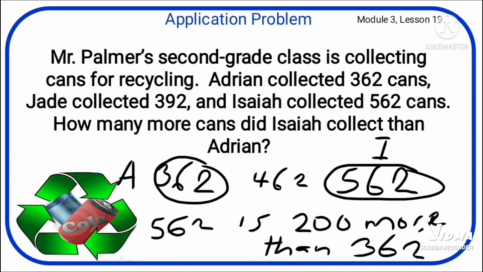You see, Jade's figure has nothing to do with the solution. So concentrate on the two we're looking for. How many did Adrian collect, and how many did Isaiah collect? Adrian collected 362, Isaiah collected 562. I circled them for you.